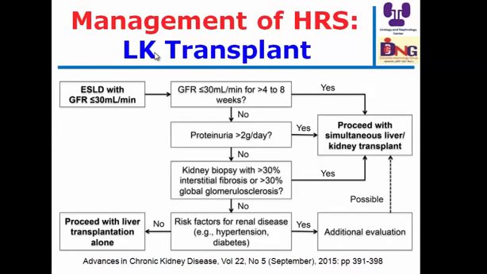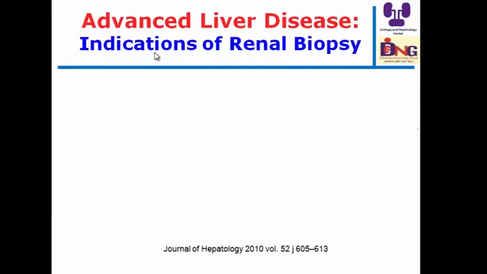If not, but a kidney biopsy shows more than 30% interstitial fibrosis or global sclerosis, think of simultaneous liver and kidney. Even if not, and there are risk factors for renal disease like hypertension and diabetes, we may consider liver and kidney. So if you don't have all these, the only treatment is liver transplantation alone.